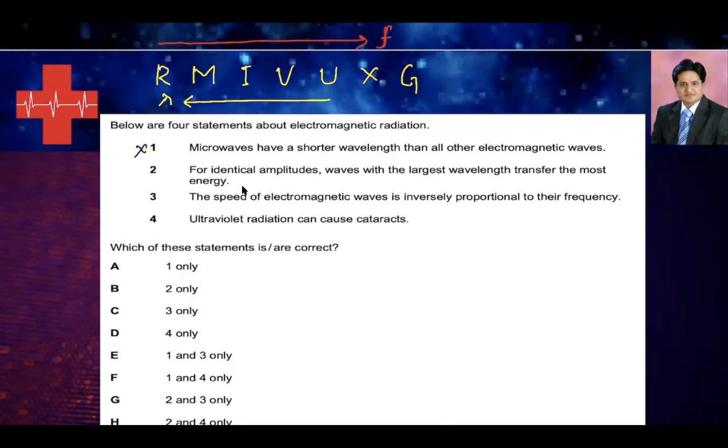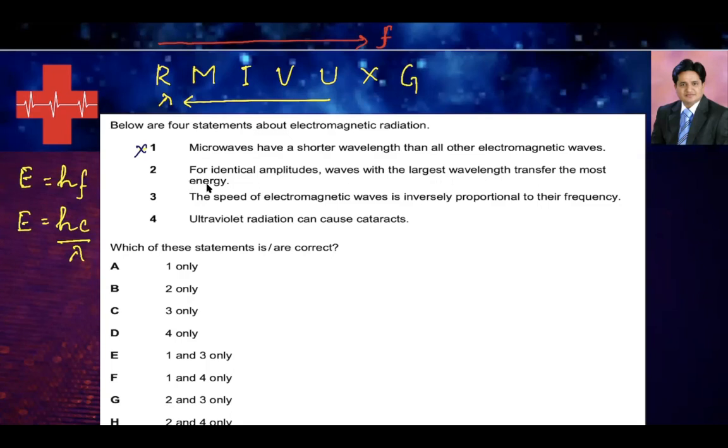So the formula for energy is given as E equals hf, where h is the Planck's constant, f is the frequency, or you could write E equals hc over lambda, because frequency is the speed of light over wavelength.